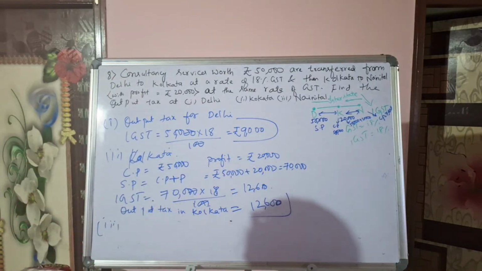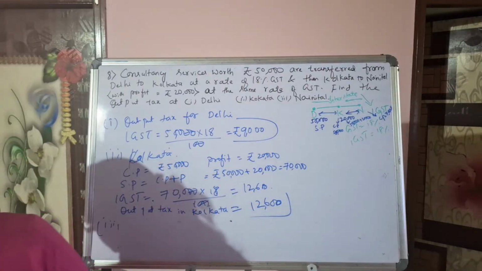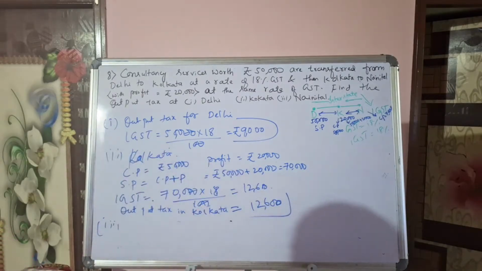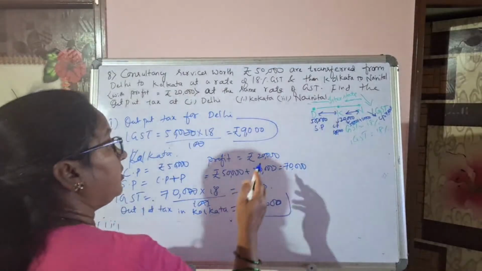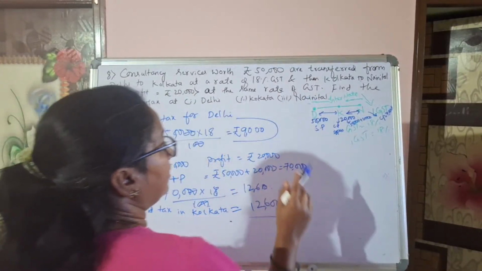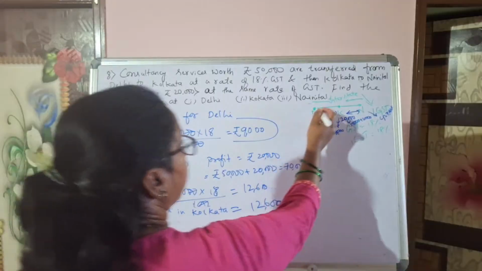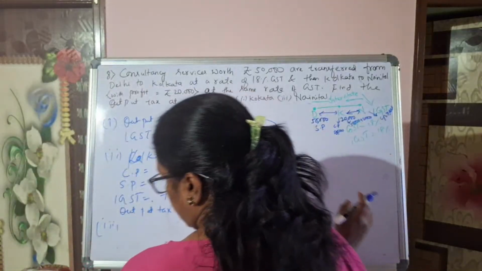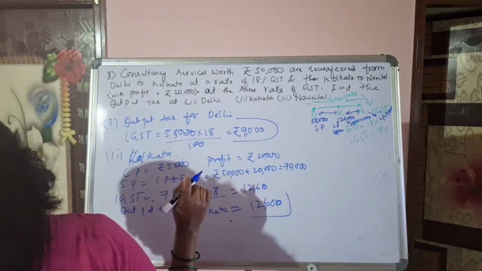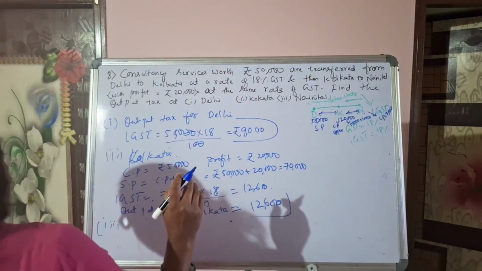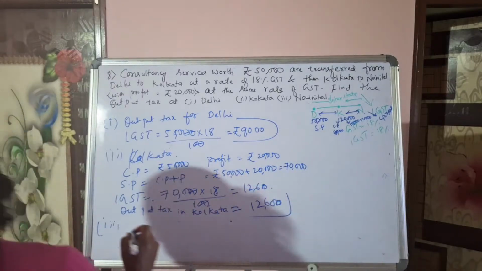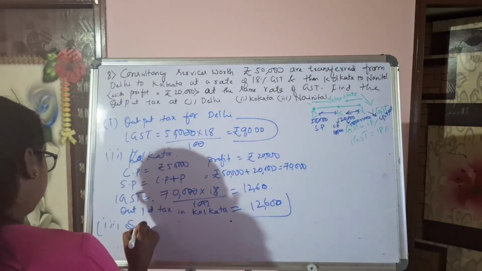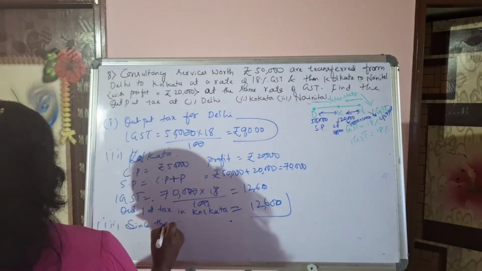And for 3, that is output tax for Nainital. See, here from Nainital there is no further transaction, since the dealer in Nainital does not transfer any consultancy services further.